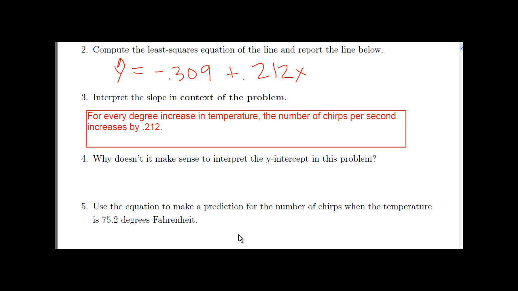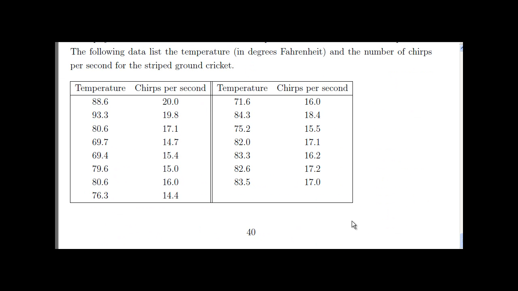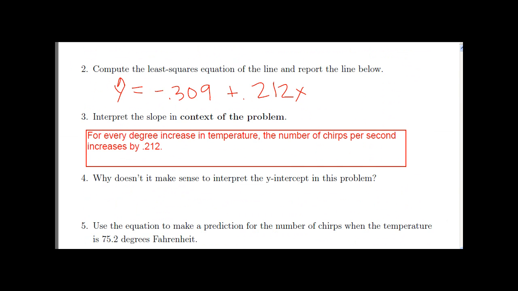Alright, so why doesn't it make sense to interpret the y-intercept? The y-intercept would be the number of chirps when the temperature is 0. And certainly the temperature could equal 0, but we don't have any data near 0. They all are in the range of 60s, 70s, or 80s. And so we call that outside the range of the data.